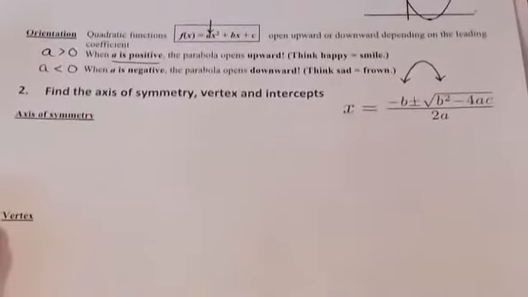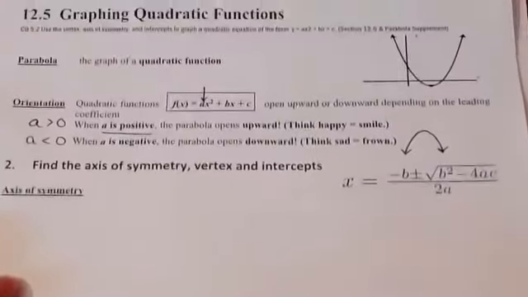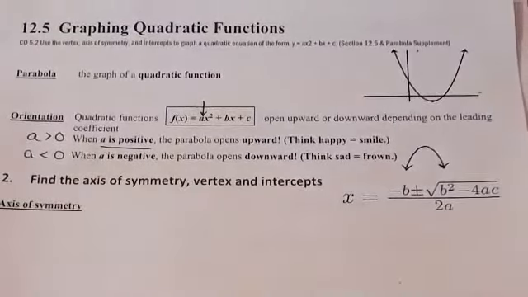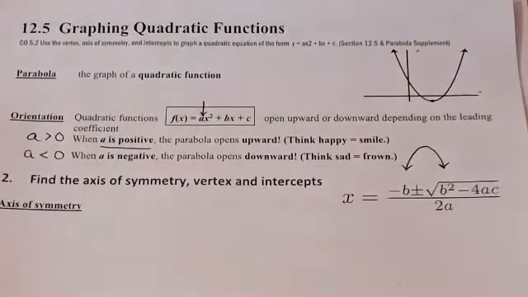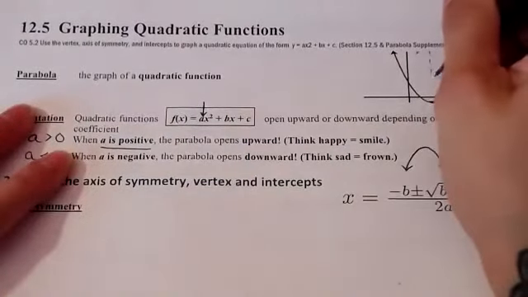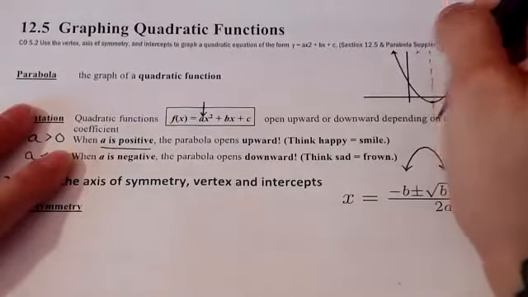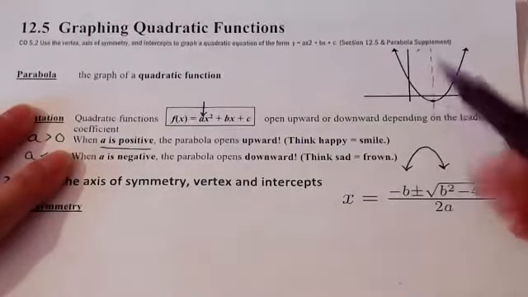When we graph quadratic functions, we need different parts of the quadratic formula to help us, right? One of the things that I talked about in my previous video is that your parabola is actually symmetric about the center. If I took my pencil and drew a dotted line through the center, do you see that it's completely symmetric about this line?